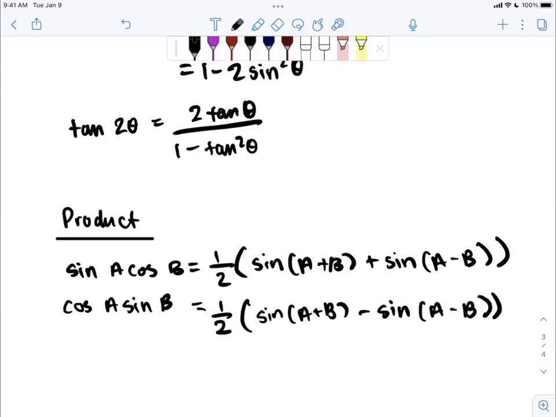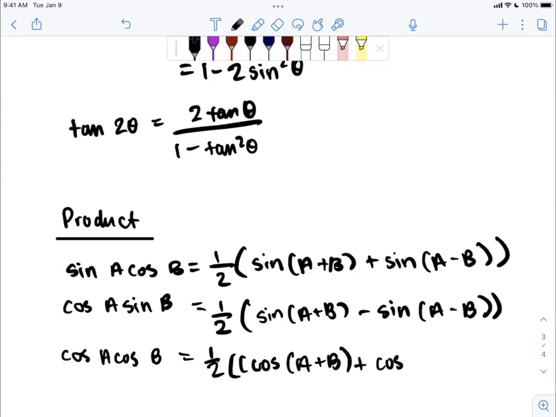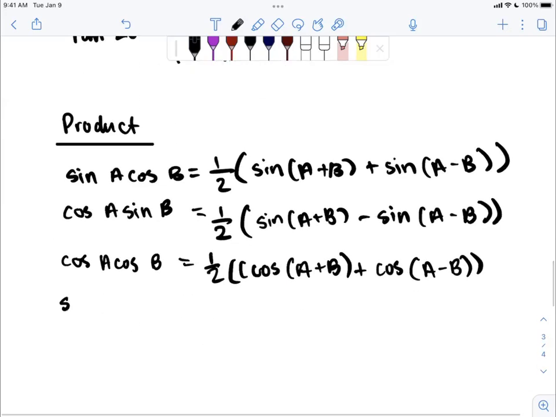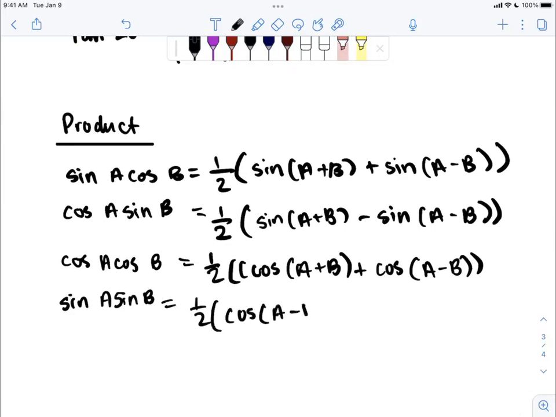All right, now we have cosine A cosine B. That's 1/2 cosine A plus B plus cosine A minus B. And finally, sine A sine B is 1/2 times cosine A minus B minus cosine A plus B.